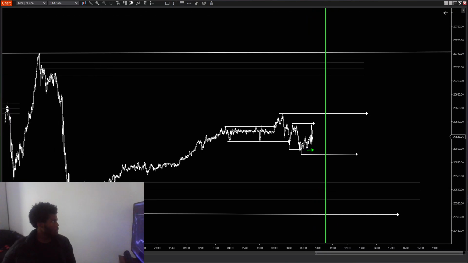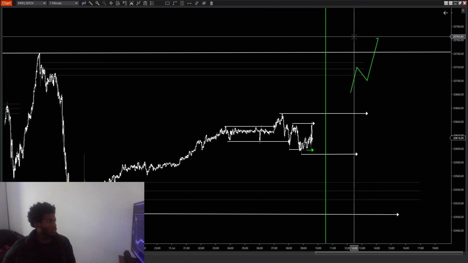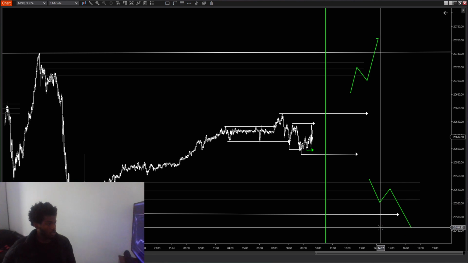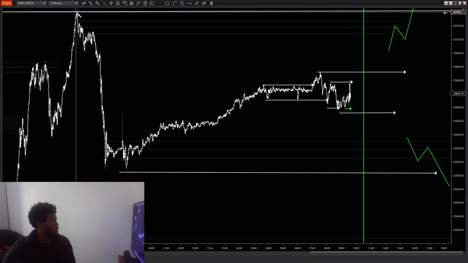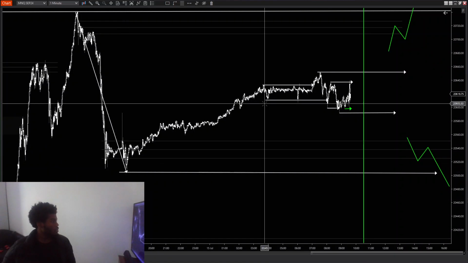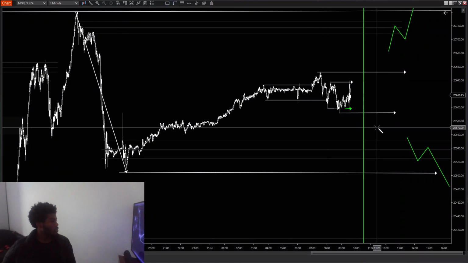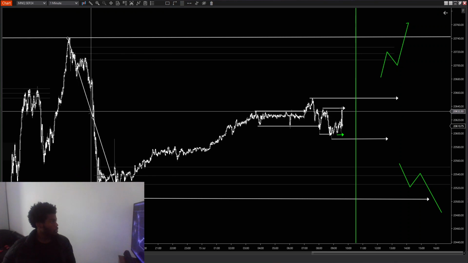So in the event that price goes higher or lower, we know that this range here becomes the previous range. My bad, not even.